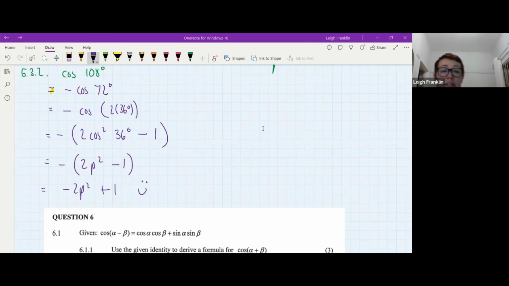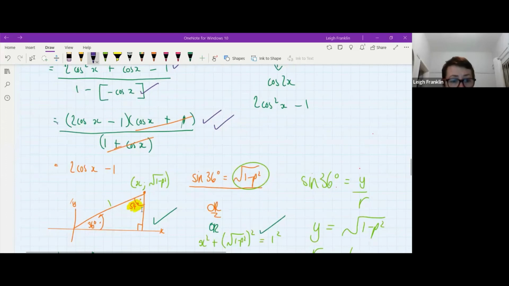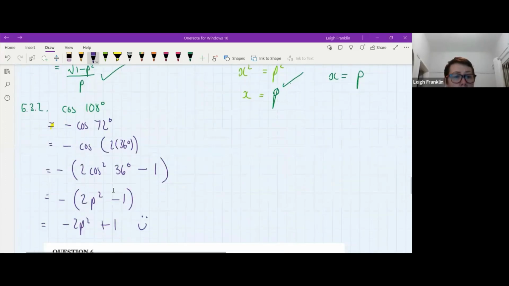If only we had more time, we could just sit here all night talking about all the different ways that we could answer this question. Because if we went back and had a look at it, we could also work with 54. I've just happened to use 2 cos squared 36 minus 1, but we could actually use any of our cosine double angles.